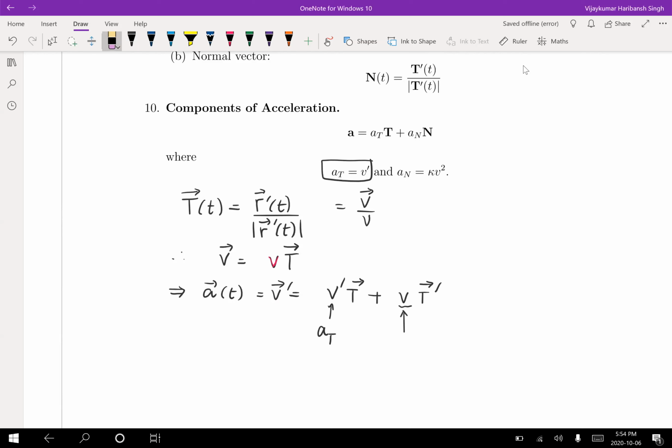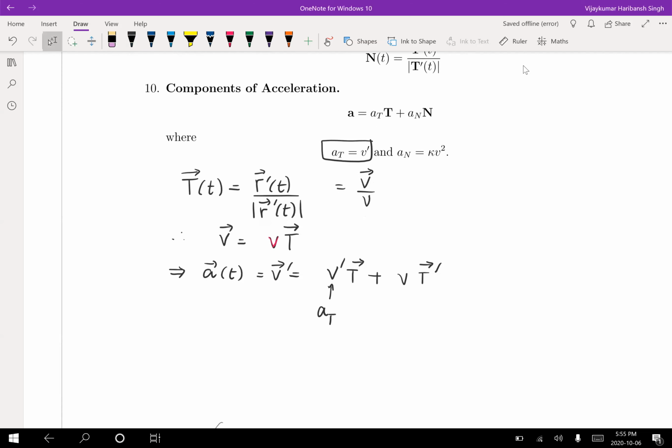So how do we go about it? First of all, note that N is the same as T prime upon the length of T prime.